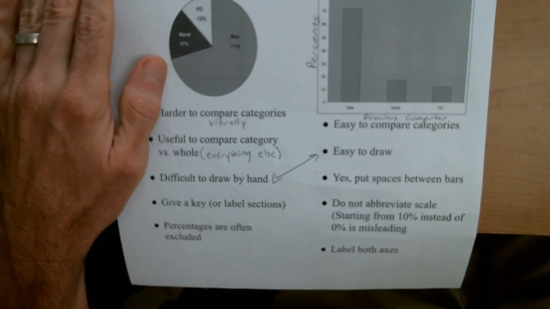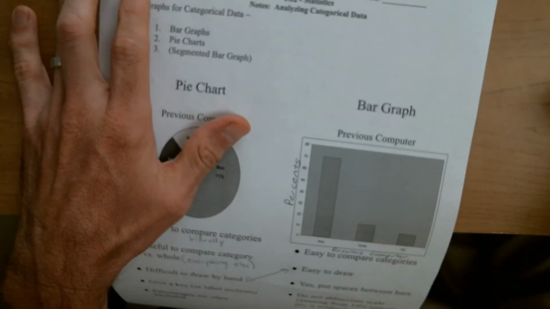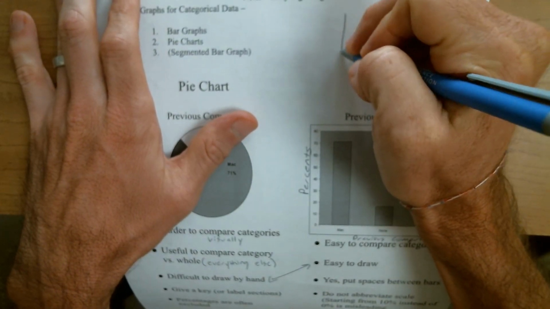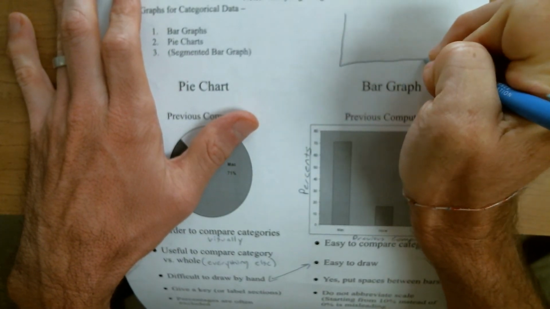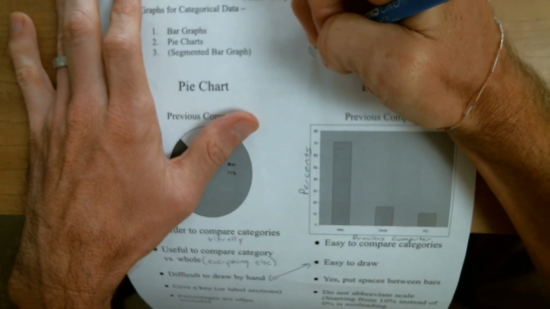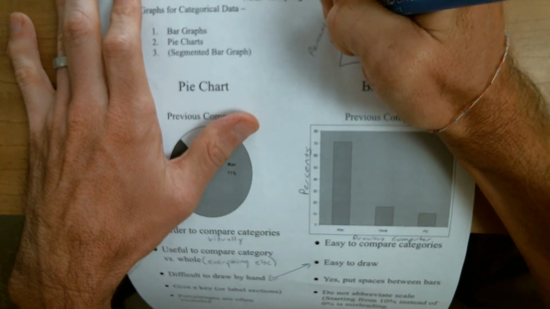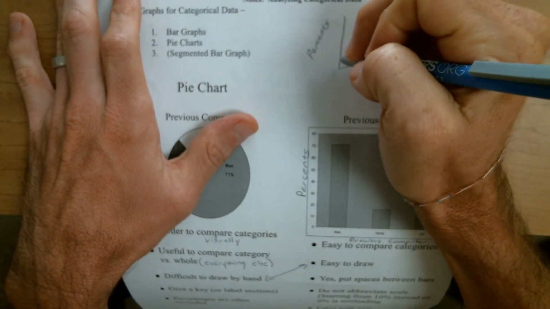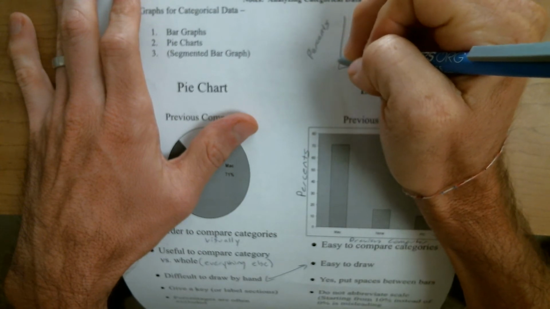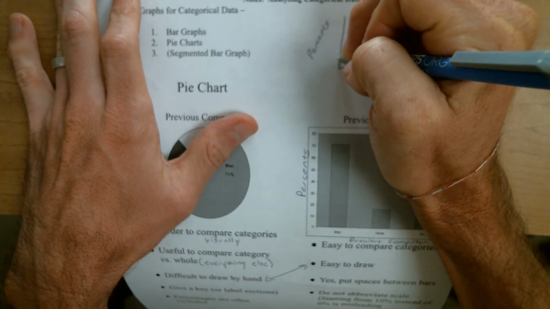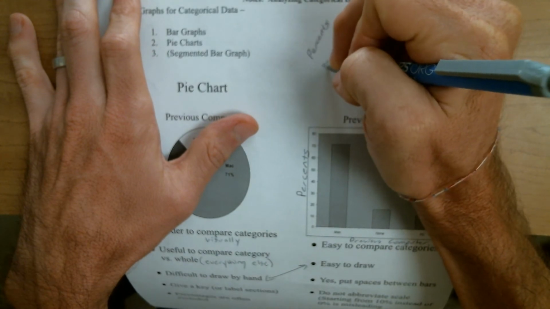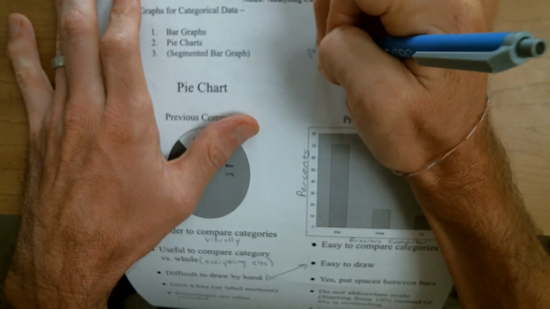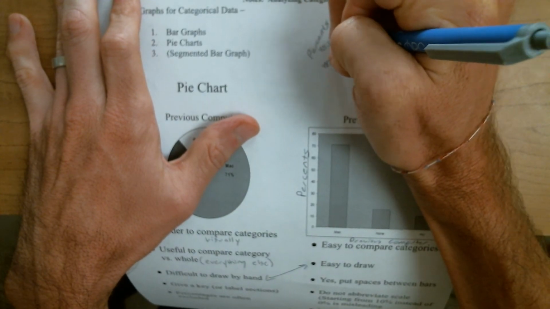All right, and let me explain why that could be misleading, and I'm going to do it through an exaggerated example. Let's pretend I have a bar chart here, and I have percents over here. And I'm not just going to start at 10%. I'm going to start at, let's just say, I'm going to make this right here 98%. I'm going to make this 98.5%.